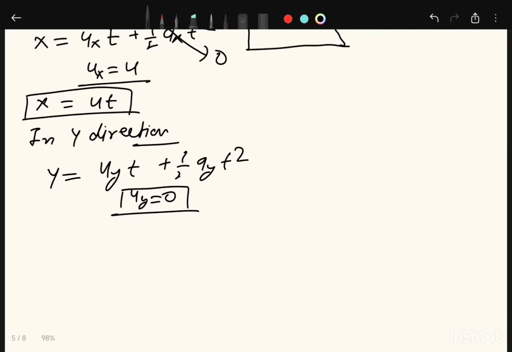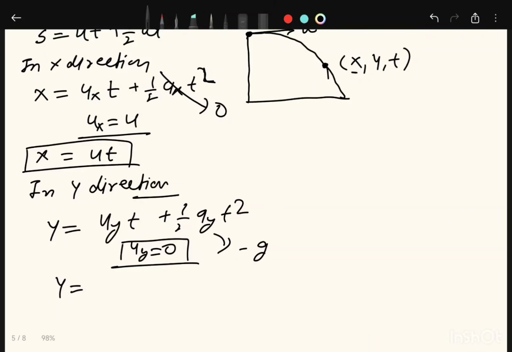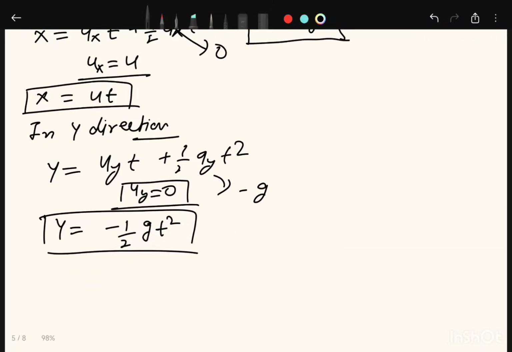And this ay is minus g, that is in the downward direction here. So your y will be minus 1 by 2 g t square. So you now have the y and x coordinates, right?